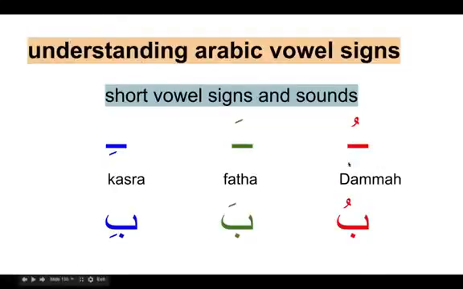We have the sign of Dhamma, Fatha and Kasra. These are called short vowel signs and they're short sounds. For example, it is pronounced as bu, like a short burst, ba, bi. So it is Dhamma, Fatha and Kasra.